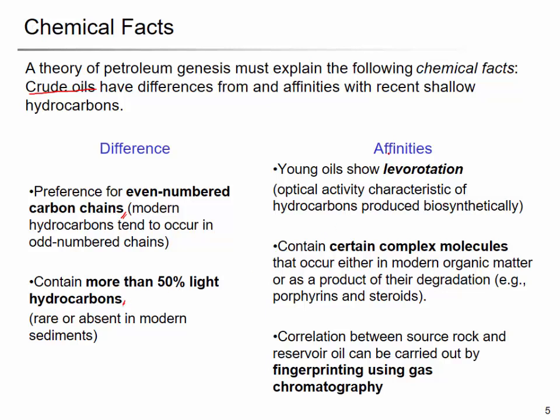The similarity between this crude oil and the young shallow hydrocarbon is that they both show levorotation, the optical activity characteristic of hydrocarbons produced biosynthetically, and contain certain complex molecules that occur either in living organic matter or as a product of their degradation. They also found a correlation between the source rock and the reservoir oil from gas chromatography. We'll talk about it in section 3, which is about kerogen.